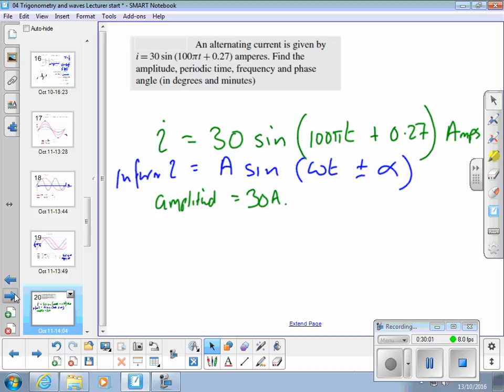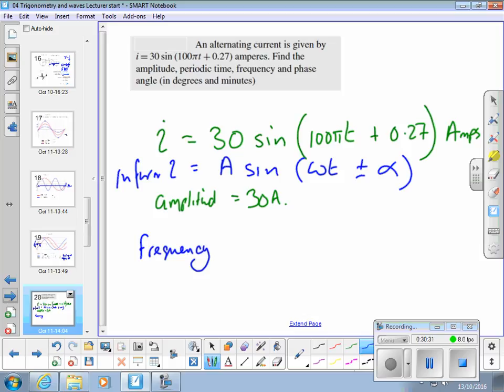Now find the period, frequency, and the phase angle in degrees and minutes. How can I get the period here? And more importantly, how can I get the frequency? How can I draw that out of that formula?